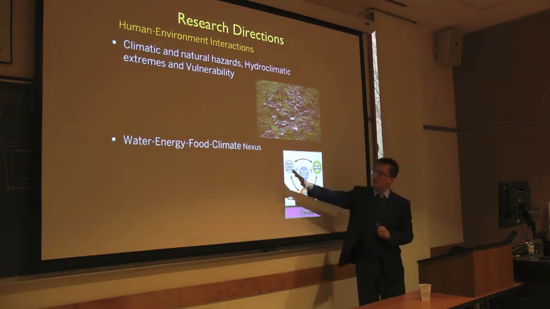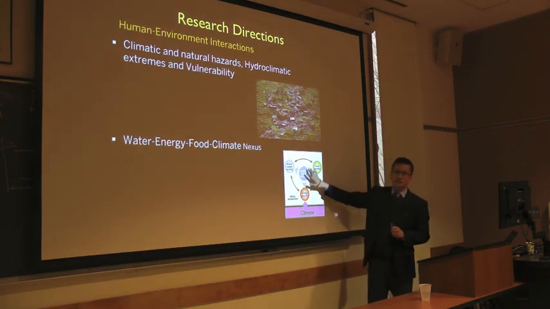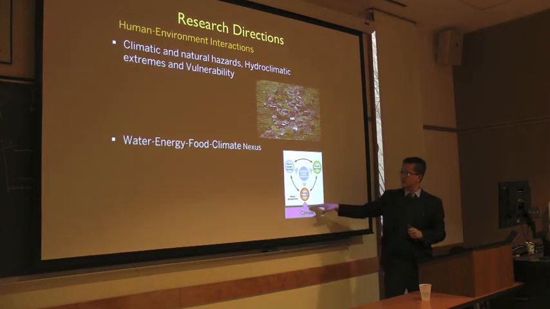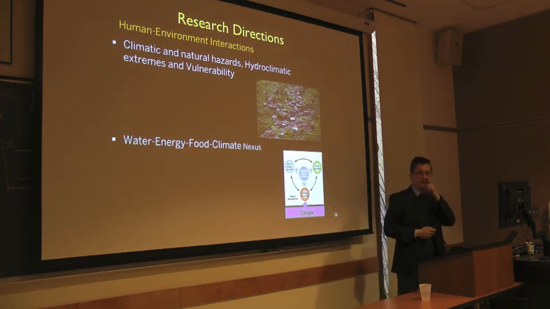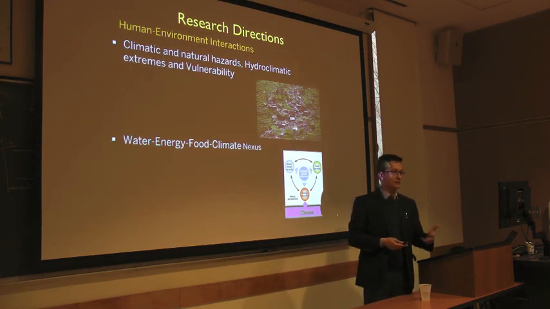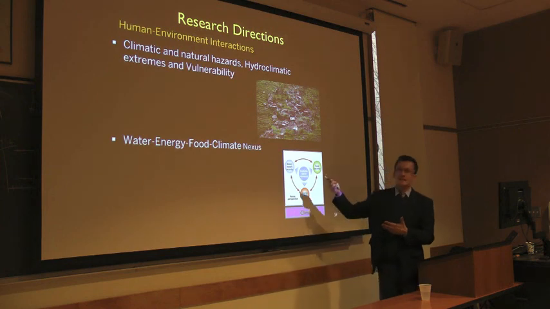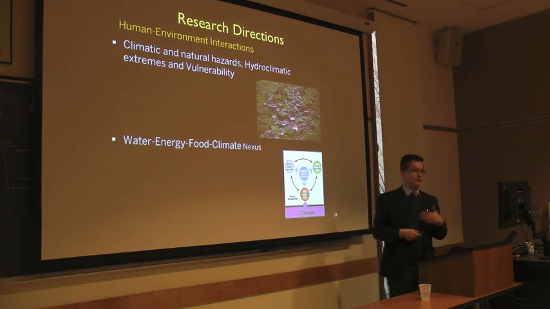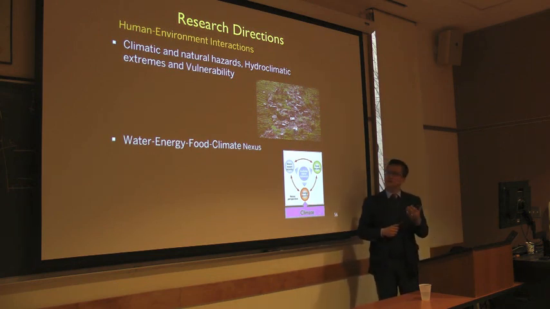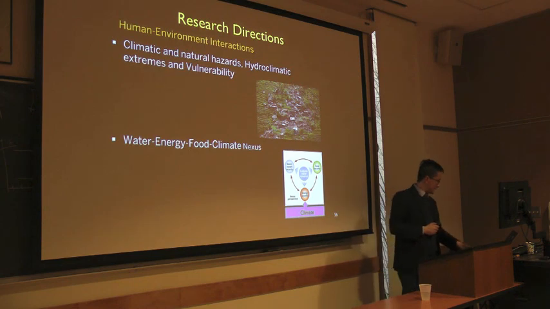And this water, energy, food, climate nexus, where water resources is the central theme surrounded by issues such as food security, energy security, and water supply availability. I think this is the framework that we see in a lot of sustainability studies. A lot of recent papers on sustainability look at the nexus of these three, and we've seen several papers recently. So I think that's also a pretty neat framework to work on future issues in this region.